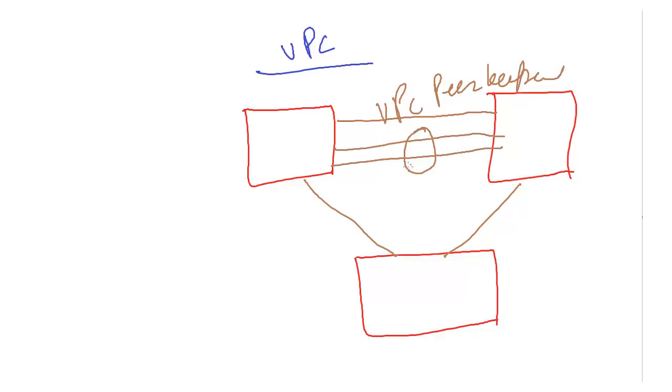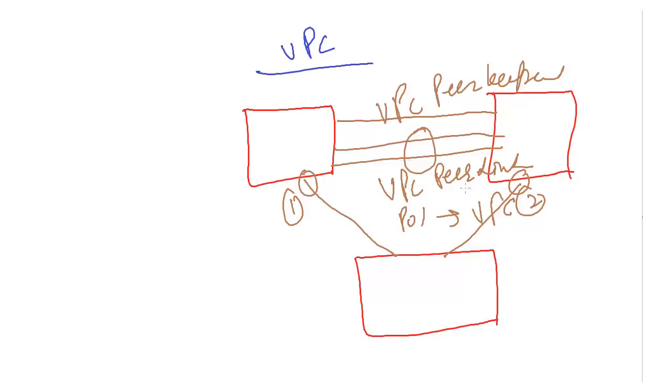We have to form a port channel. Even if there's only one link, we have to form a port channel for the vPC peer link. Then we'll create one port channel and move this port, in this case port number 1, in this case port number 2, into port channel, let's say port channel 1, and then we'll move that port channel into vPC.